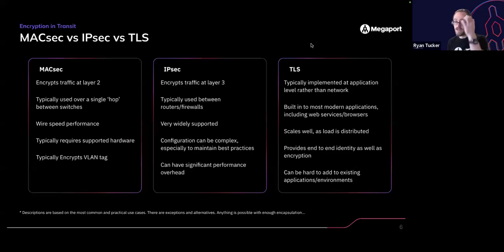There are other types of tunneling protocols, things like WireGuard, and other over-the-top transport or application layer protocols like QUIC. There are loads and loads of options, and we work with customers who use all of them and all kinds of combinations. But really, these are the three that customers most commonly use, at least in the most standard scenarios. And as the disclaimer at the bottom says, even with these, there are different ways that you can use them.